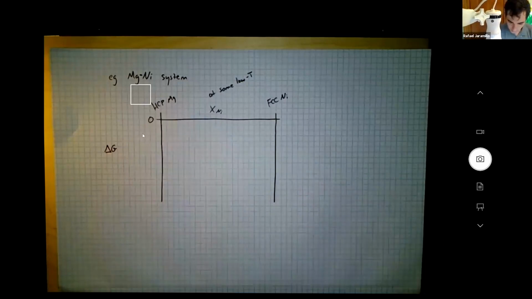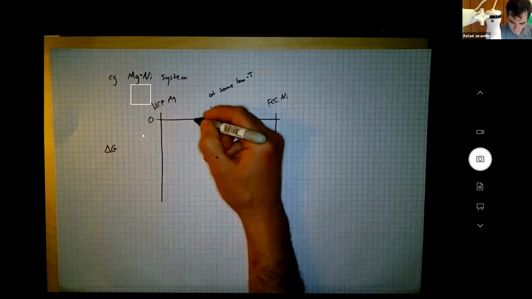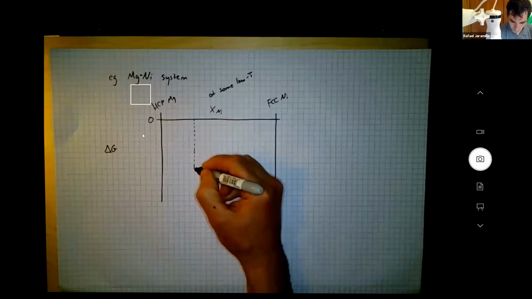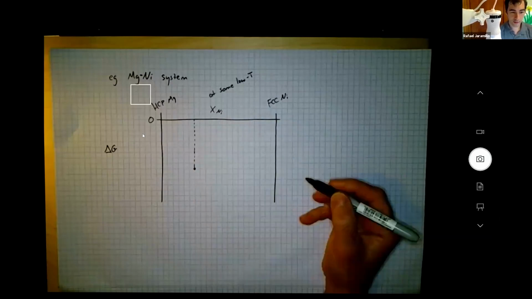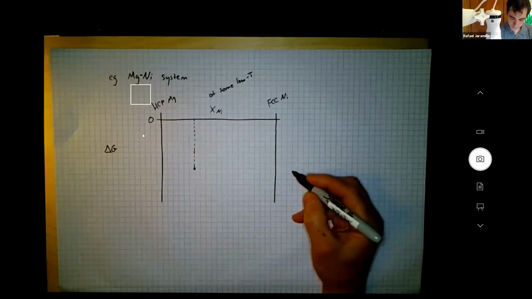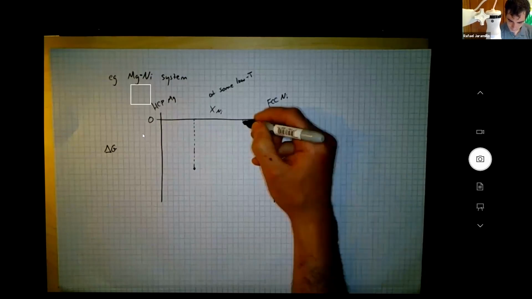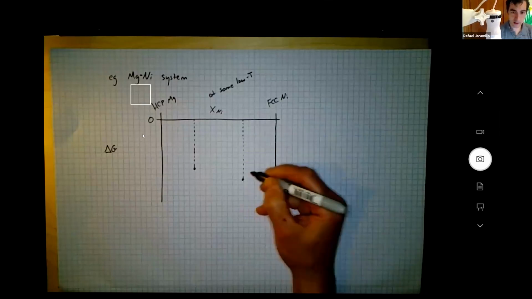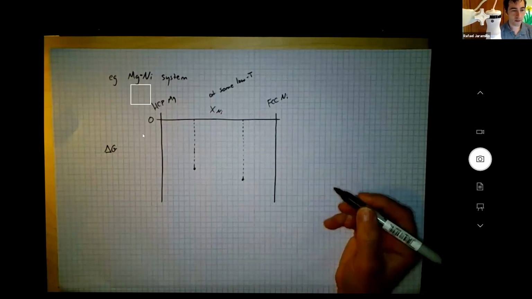And I simply have here a value that represents the formation of magnesium 2 nickel, and a value that represents the formation of magnesium nickel 2.